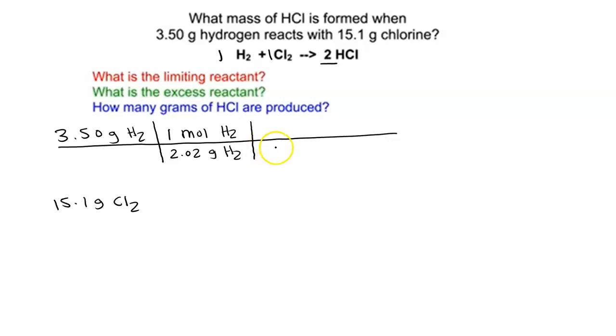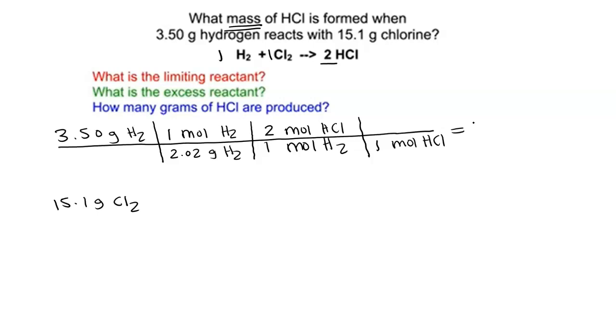Next, I'm going to use my mole ratio. So I'm going to look at the balanced reaction. There's 1 mole of hydrogen, and we're trying to figure out how much hydrochloric acid can be produced. So when we look at the balanced reaction, there's 2. And it asked about grams or mass, so we're going to turn that into grams. 1 mole of HCl.